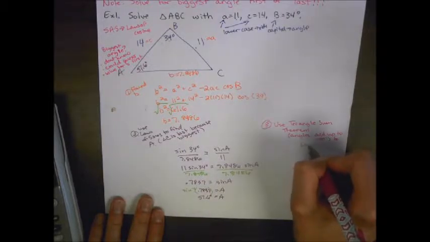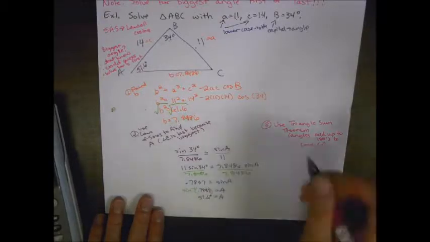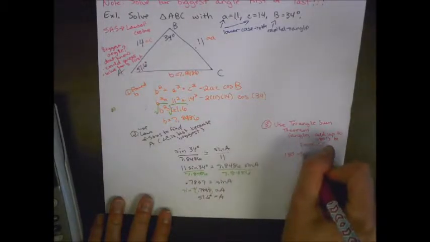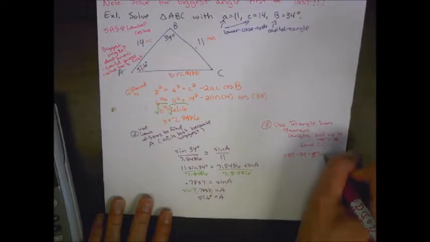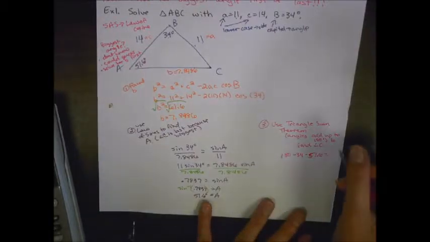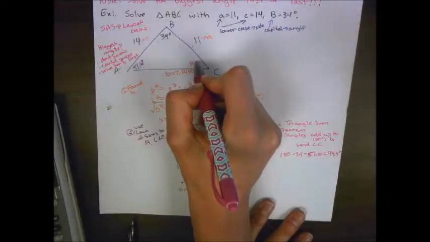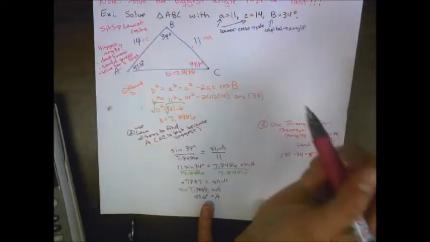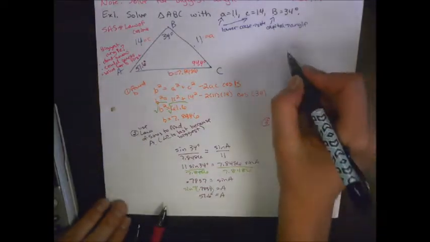To find angle C: 180 minus 34 minus 51.6 equals 94.4 degrees. I'm going to write our final answer over here.